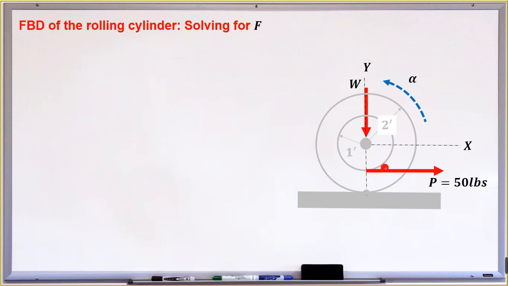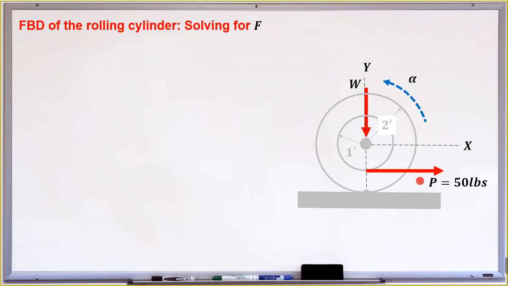And then with this applied force, we can say that with a lesser amount of friction, this applied force is probably enough. So at this moment we can only make an assumption.